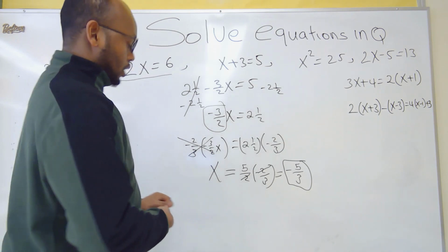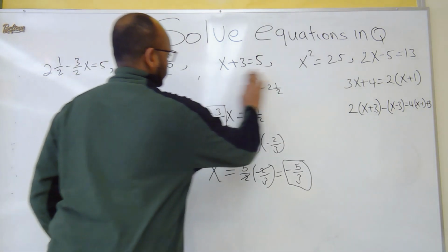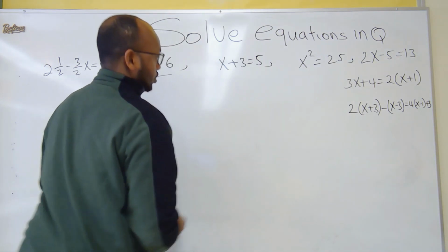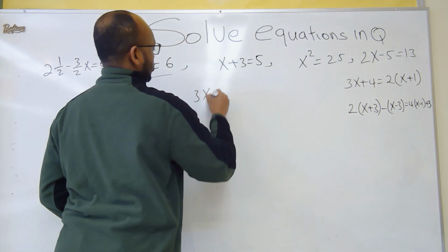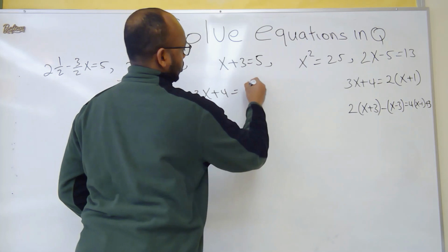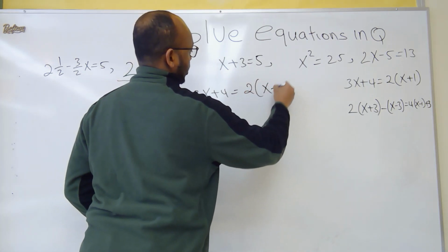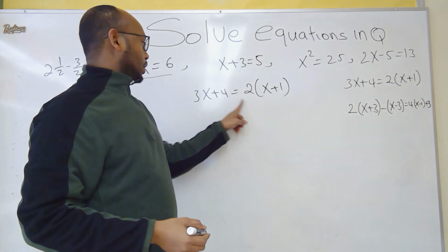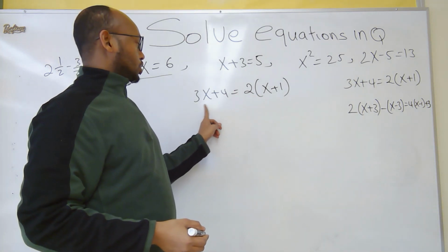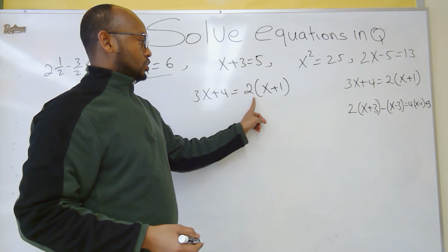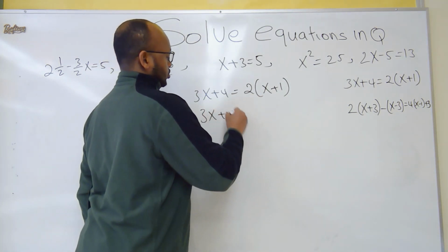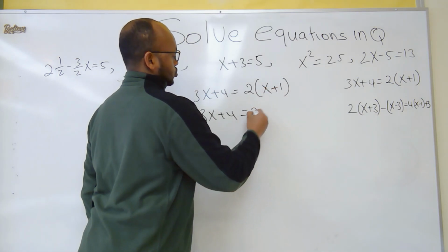Okay, I have one more, which is 3x plus 4 equals 2 times the bracket x plus 1. I have a bracket here with a number multiplied, and I have a number added to the 3x. So I first have to work out the bracket. I rewrite 3x plus 4 equals 2 times x is 2x.